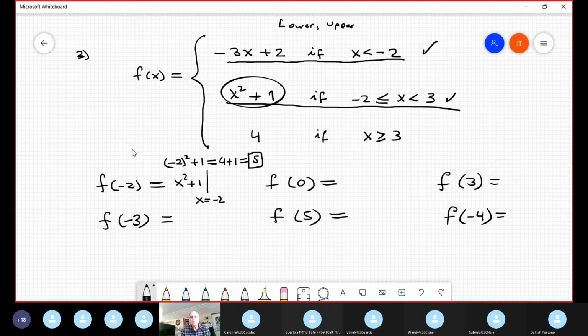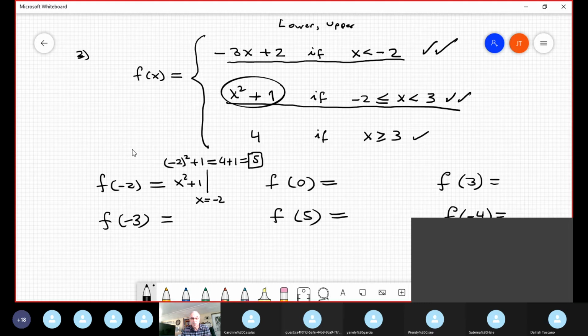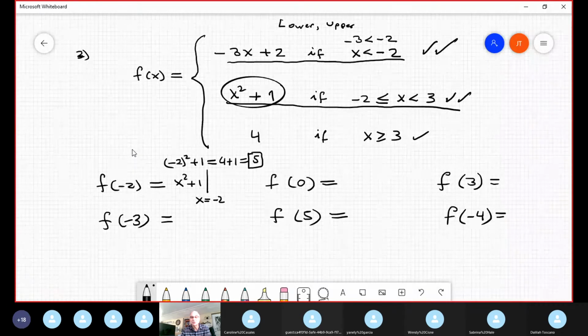The second, negative 3. Negative 3 is located in what interval? In the first, in the second, or in the third? What do you think? Guys, come on, participation. In the first one, it's obvious, because when you plug in negative 3 mentally, negative 3 less than negative 2, this statement is true.